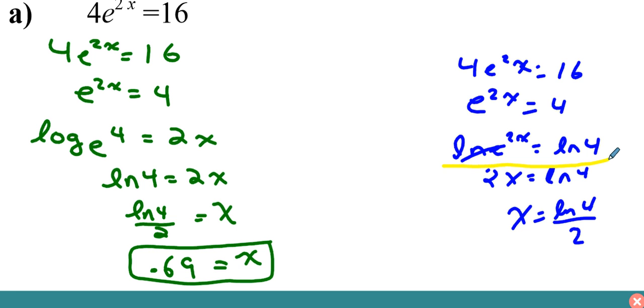It's kind of a little shortcut way of doing it. We get to the same place, that 2x equals natural log of 4, which is the same thing as we have right there. Once again, I'm more of a fan of the first method because it allows us to do other problems that this second method doesn't.